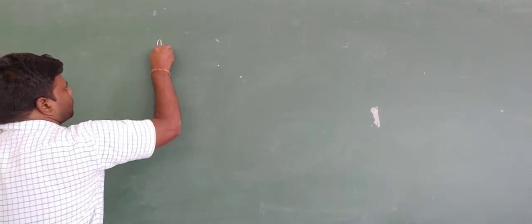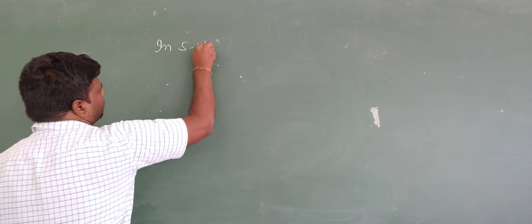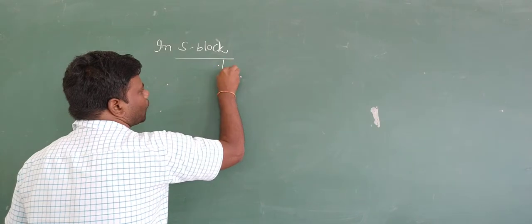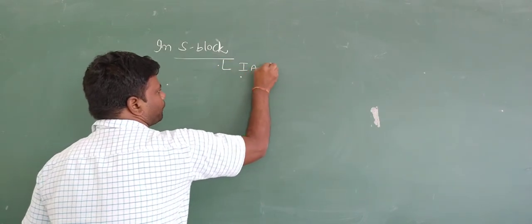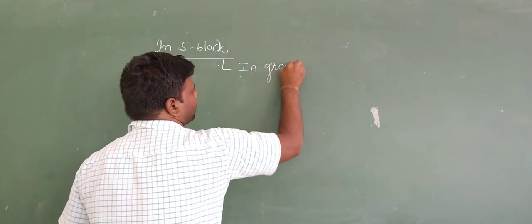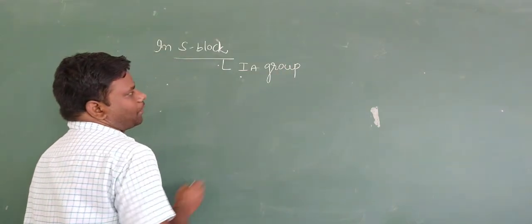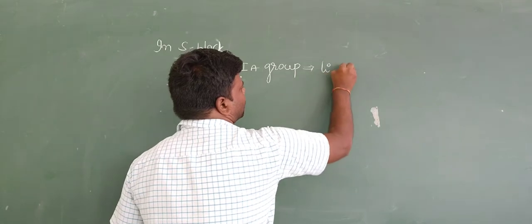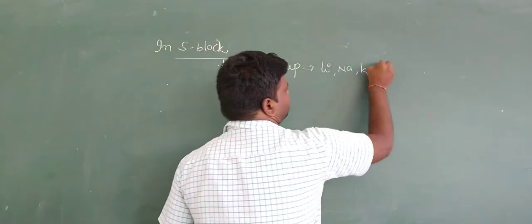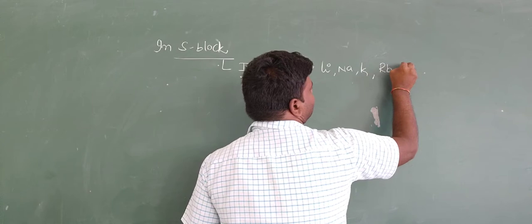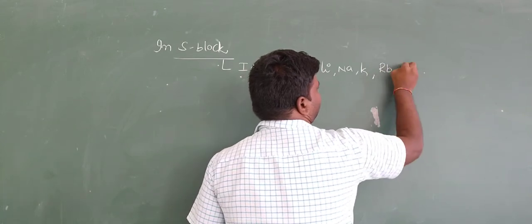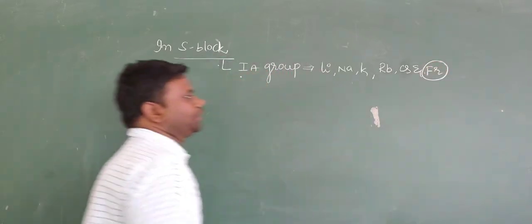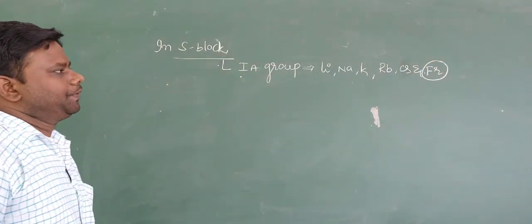S block contains two groups, one is first A group, containing lithium, sodium, potassium, rubidium, cesium and francium. Francium is the radioactive element.